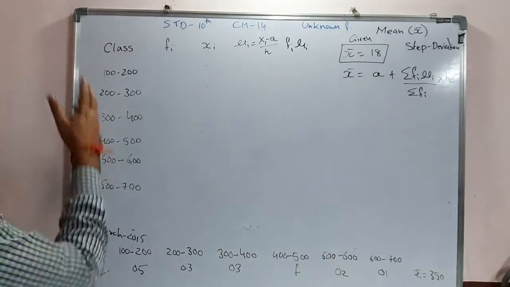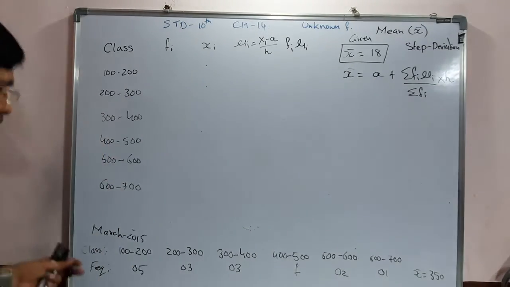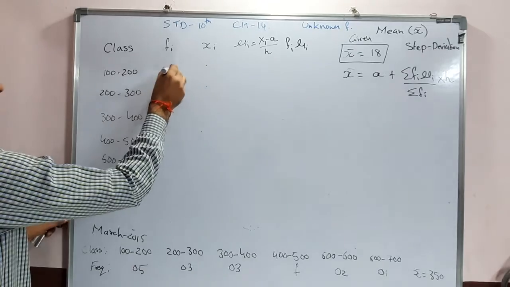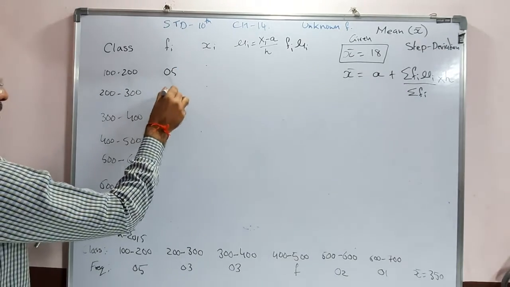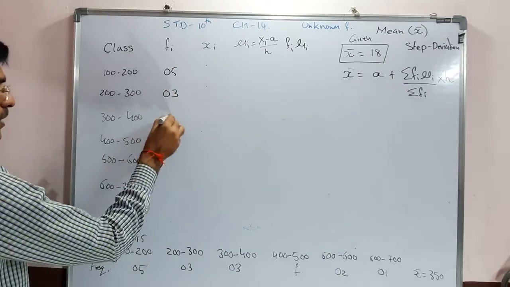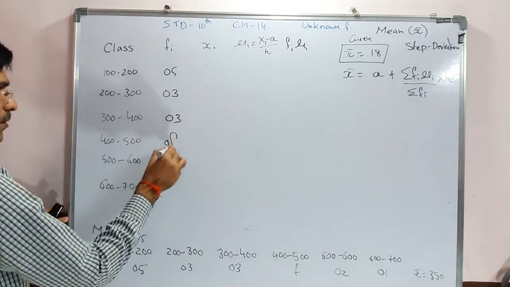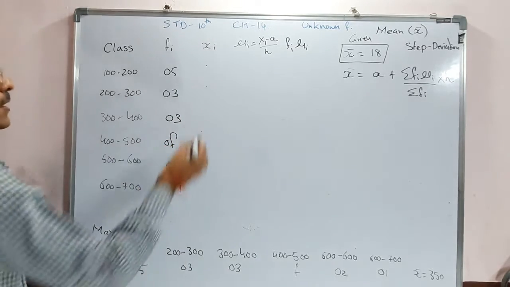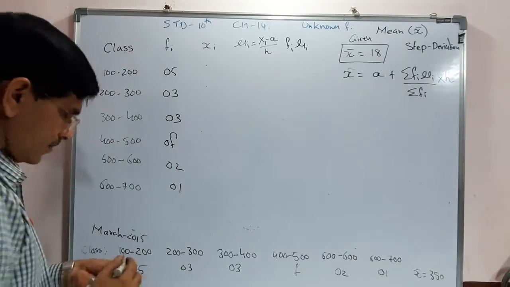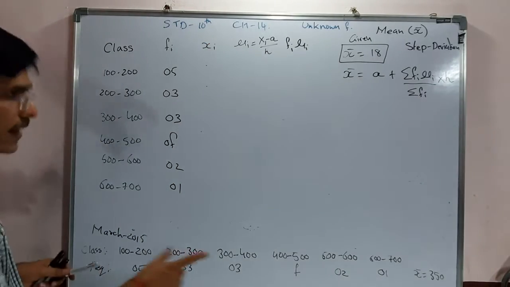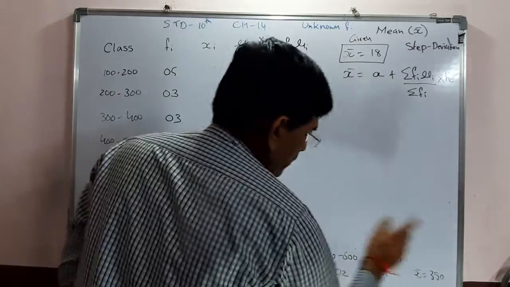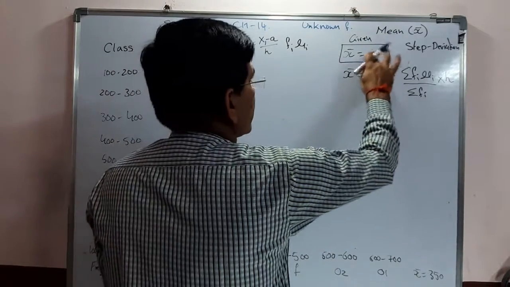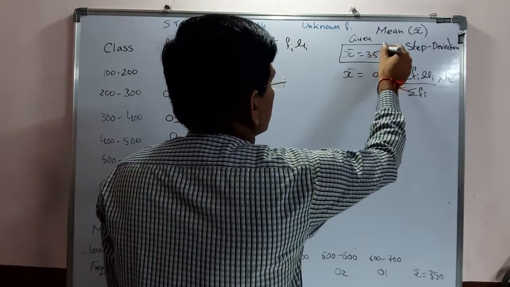The frequencies are also given: 05, 03, 03, f, 02 and 01. Xi we have to find first, and x bar is given. What is x bar? 350. So I have to write 350.